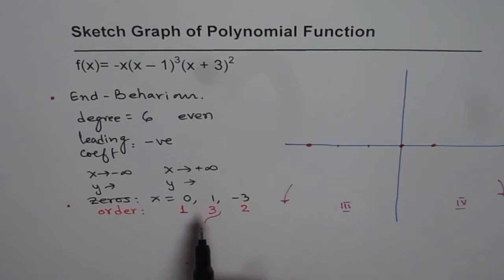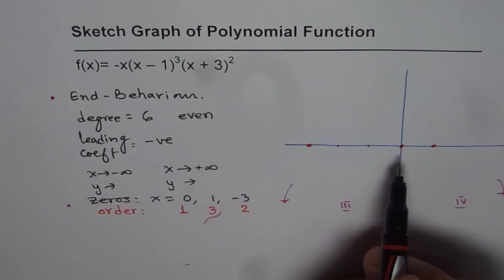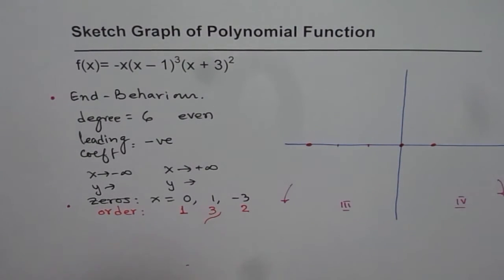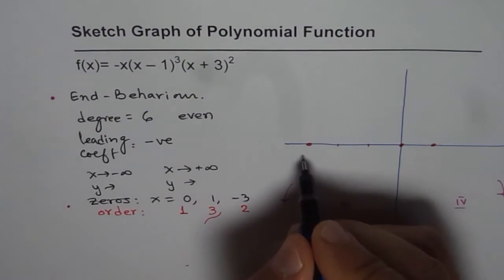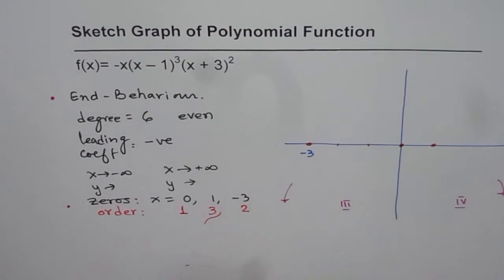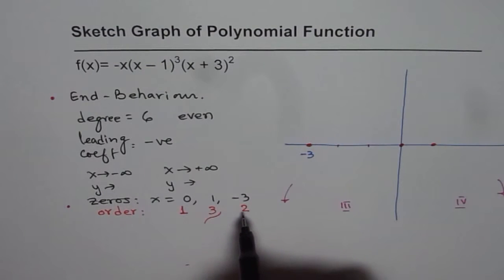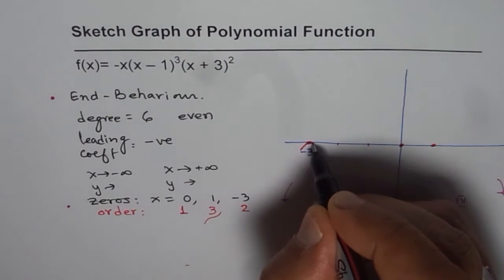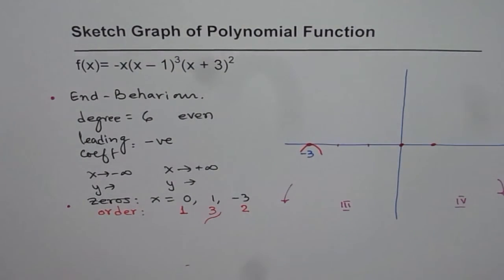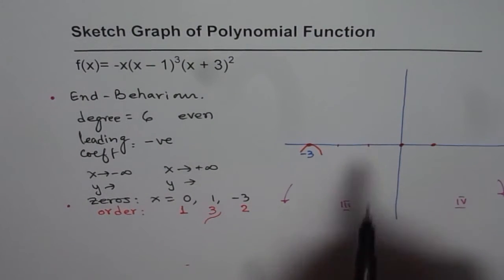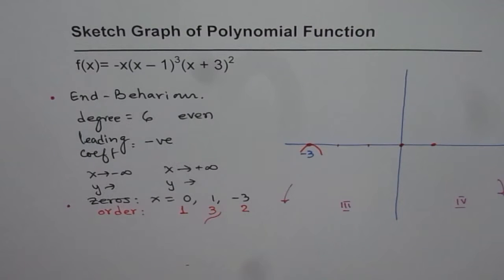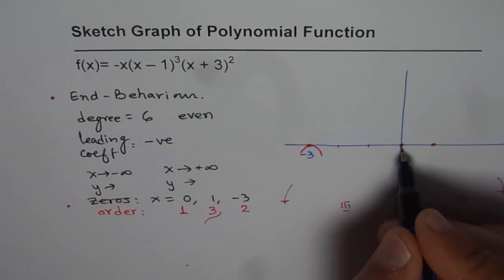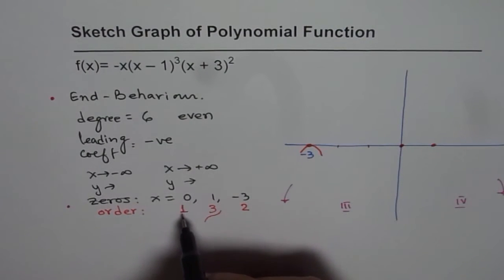Let's look into all these zeros one by one. The first one is at minus 3, where the order is 2. That means at this point the graph will turn, like a parabola. The next one, right there in the center, is at 0 and the order is 1.